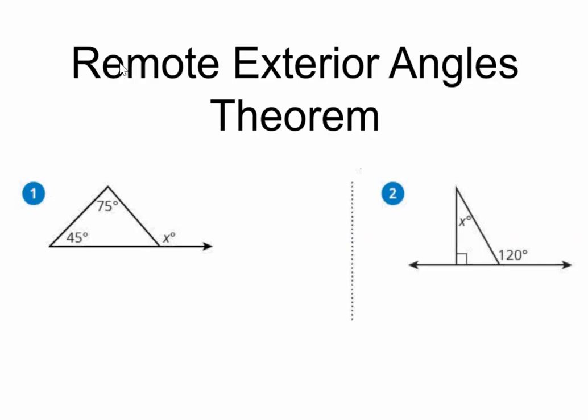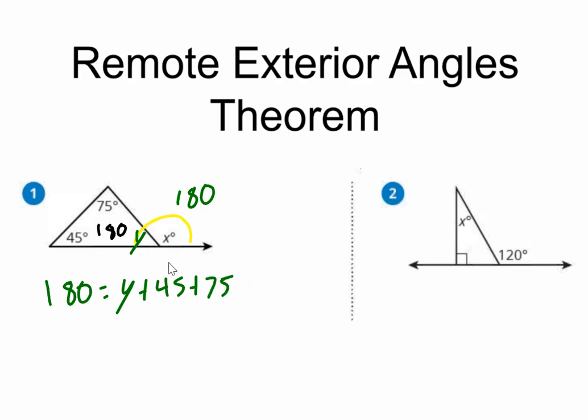For the remote exterior angles theorem, we can take this triangle, and triangles add up to 180, and I can take this linear pair, and linear pairs add up to 180. So I say 180 equals y plus 45 plus 75, and I make another equation, 180 equals y plus x.